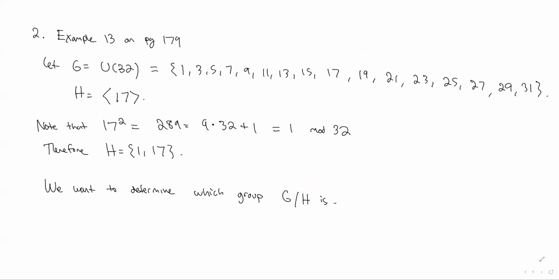Okay, so back to our G and H. We know G mod H is abelian because U32 is abelian. The operation on U32 is multiplication, which is abelian.